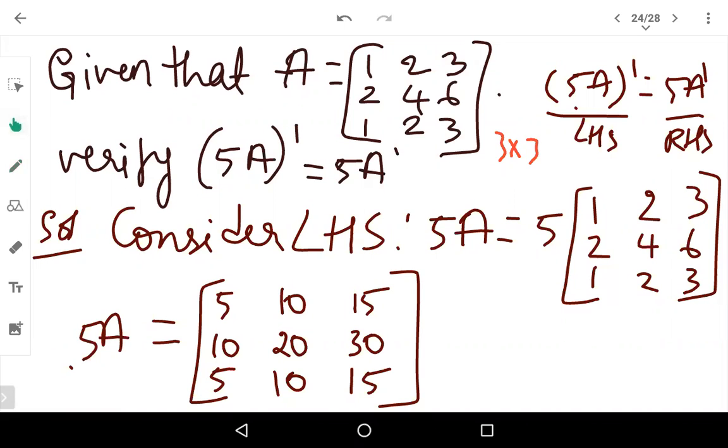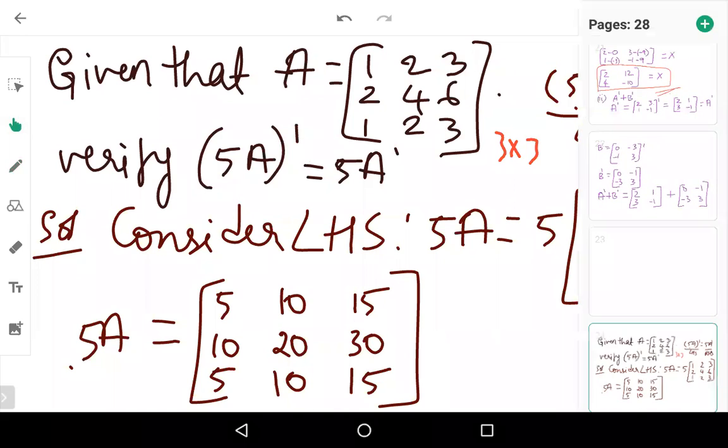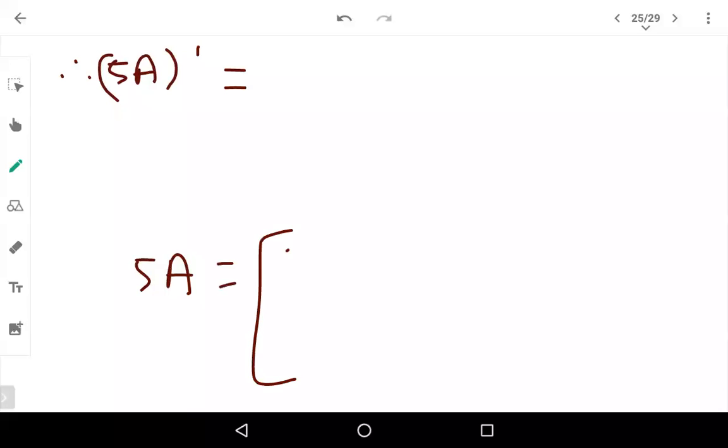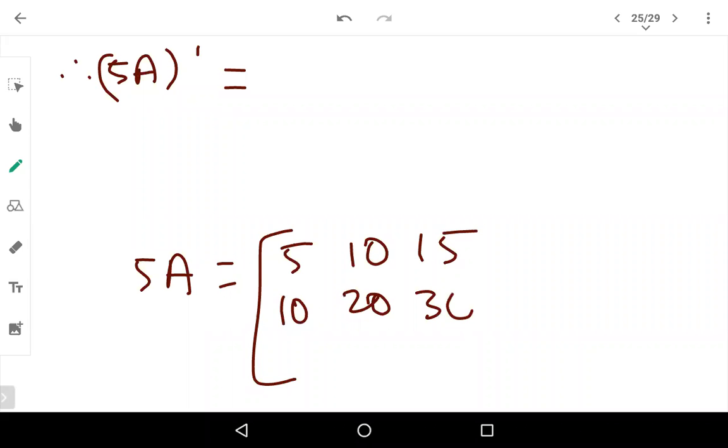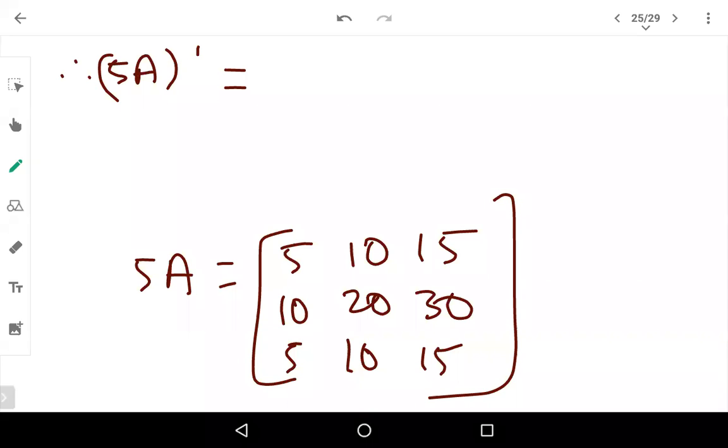Now on the LHS, they've asked us to find 5A transpose. Now let us find the transpose for this. So 5A transpose is equal to, what is 5A? I'll just rewrite here for your reference: 5, 10, 15, 10, 20, 30, again 5, 10, 15. The columns will become the rows.